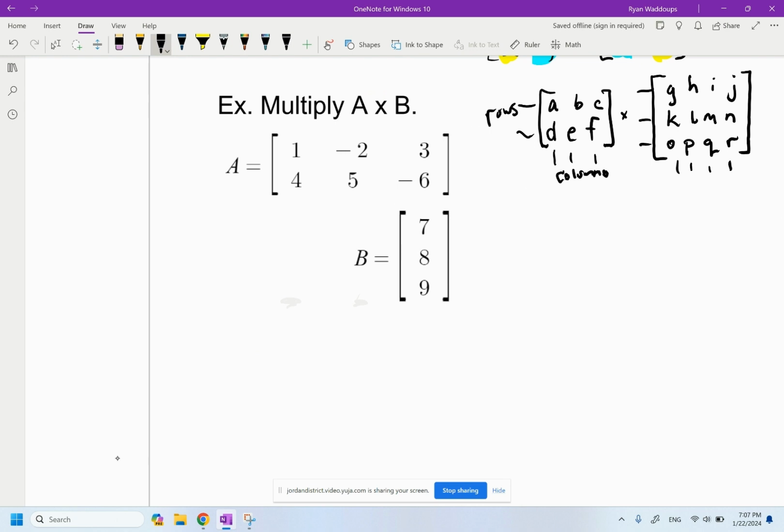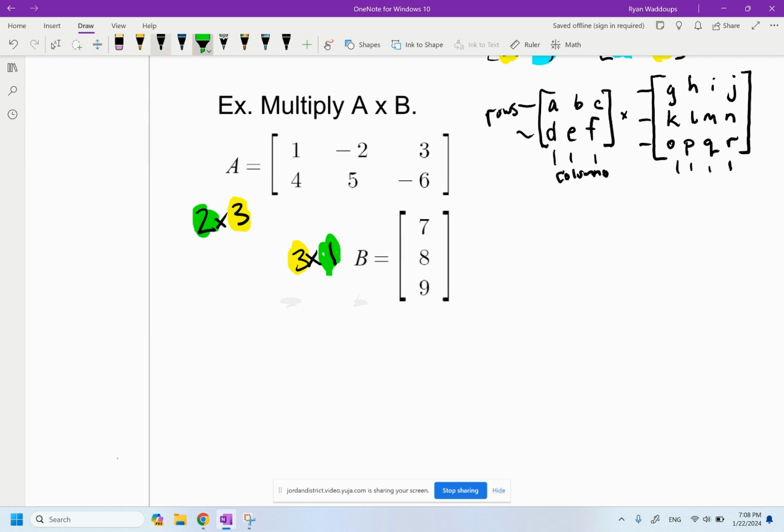We're multiplying A times B, where A is a 2 by 3 matrix and B is a 3 by 1 matrix. We are going to be able to do that because the number of columns matches the number of rows. When we're finished, we're going to have a 2 by 1 matrix.